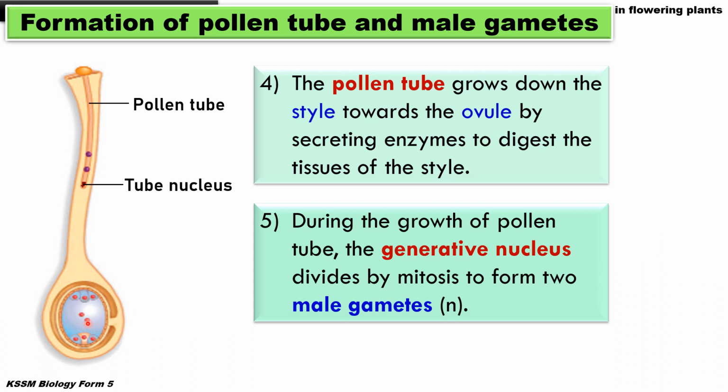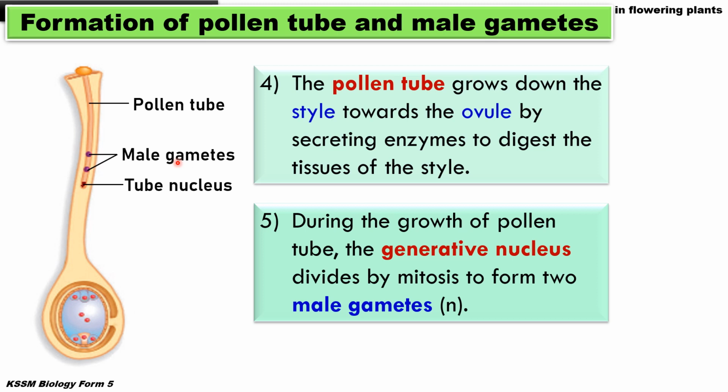Along the way, the generative cell or generative nucleus that we learned in 6.2 will divide again by mitosis to form 2 male gametes. So, the 2 dots earlier are the male gametes. So, label it. Remember? In the pollen grain, the formation of pollen grain has 2.